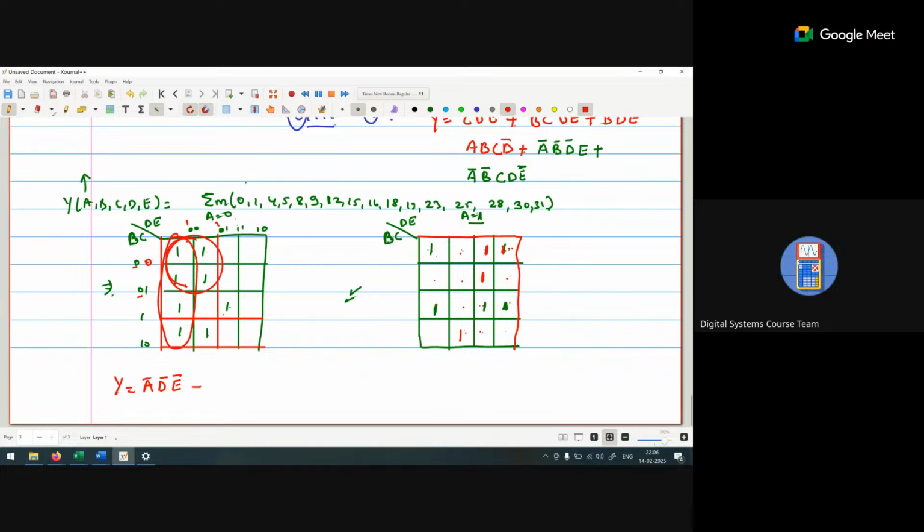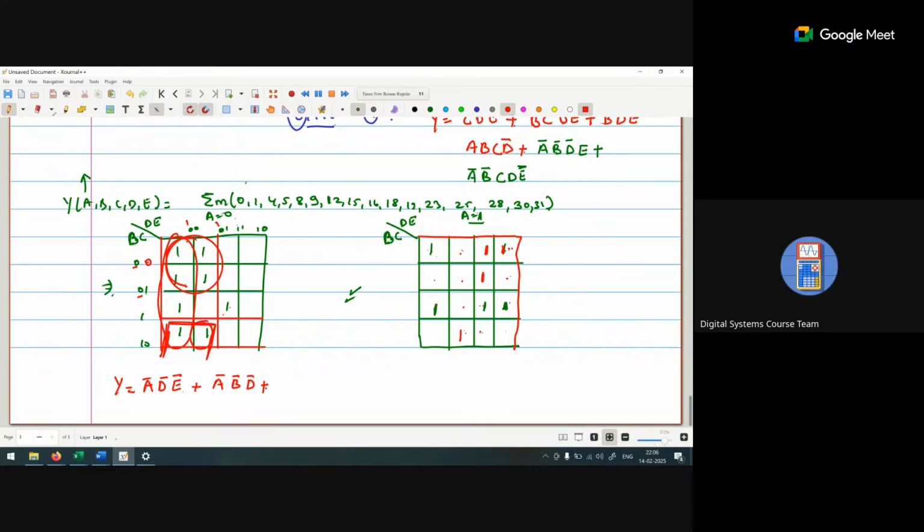So A bar, B bar, D bar. Now consider this one, the group of 4.